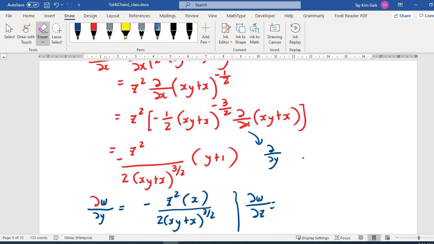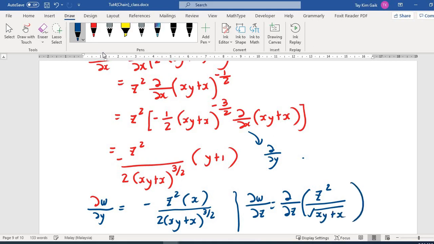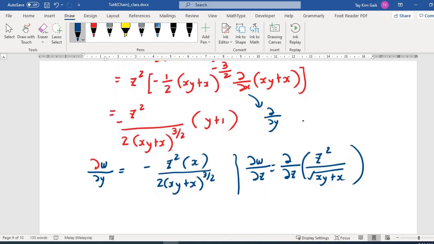If you want to del z of z squared over square root of xy plus x, when del z, the function of x and y is constant.